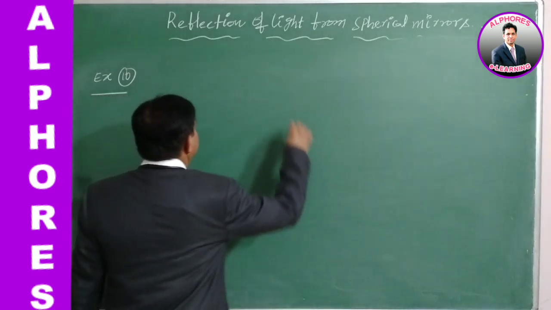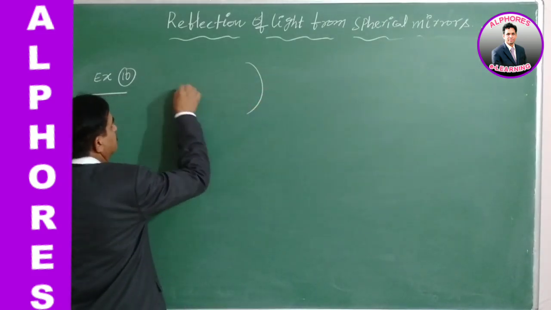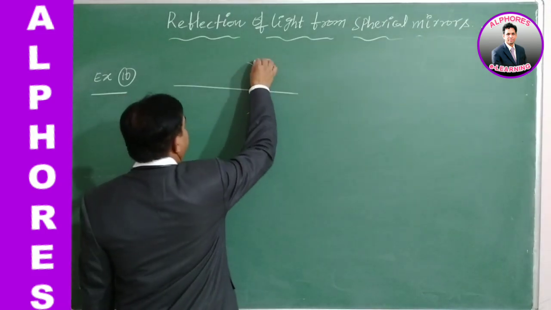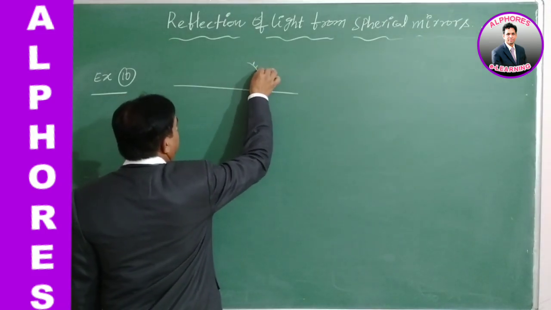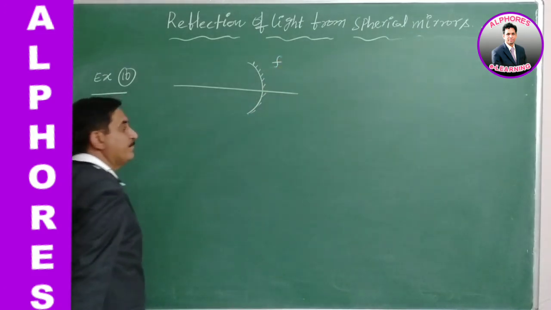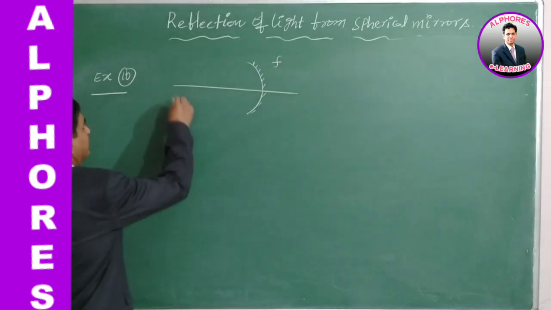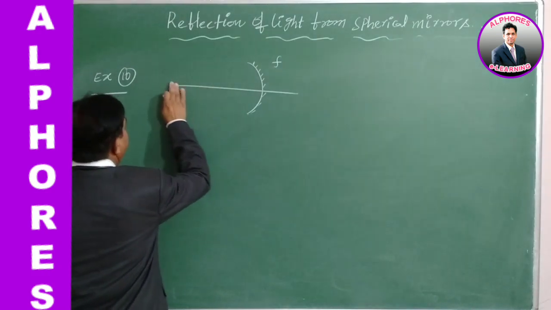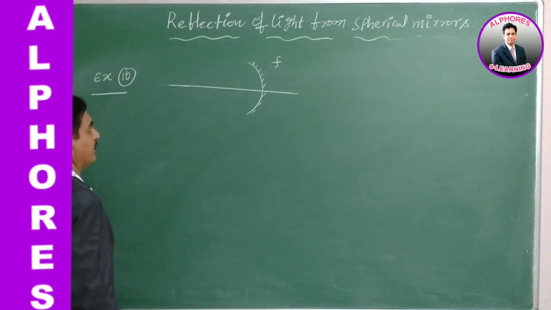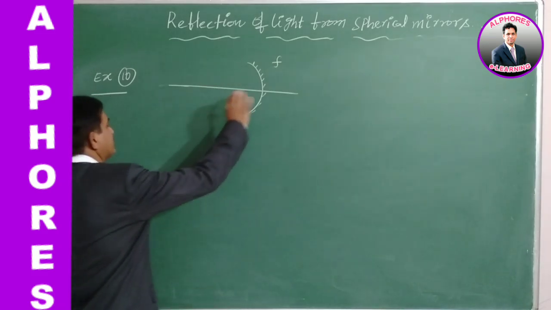Okay, let us consider a concave mirror. This is a concave mirror. Its focal length is f, and an object is kept along the principal axis.